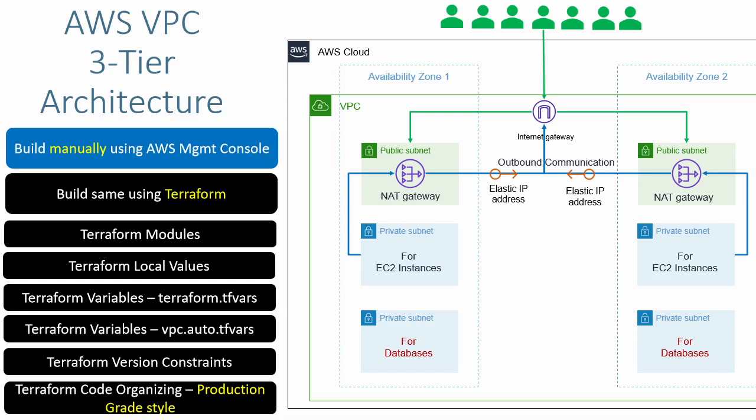We are going to create the same infrastructure, and we could also create it in the console. But no one uses the console to create an architecture now; everyone is building infrastructure with Terraform only.